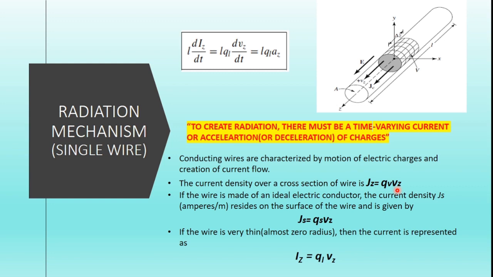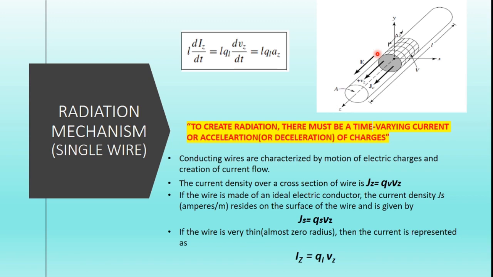Now, if you consider the wire to be made of an ideal conductor, where there are almost zero losses, then we can consider that the charge mainly resides on the surface of the wire, which is the external area of the wire. So we replace this term QV, rather than representing it through the volume, with the cross-sectional part.